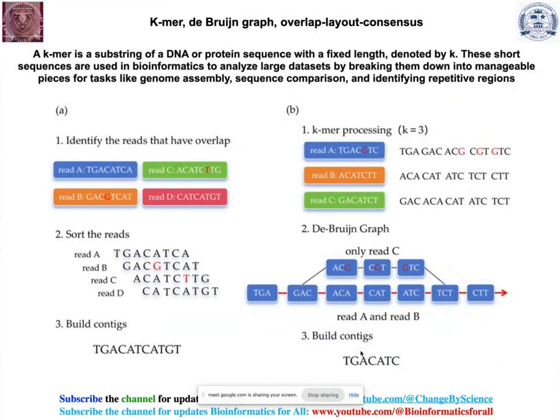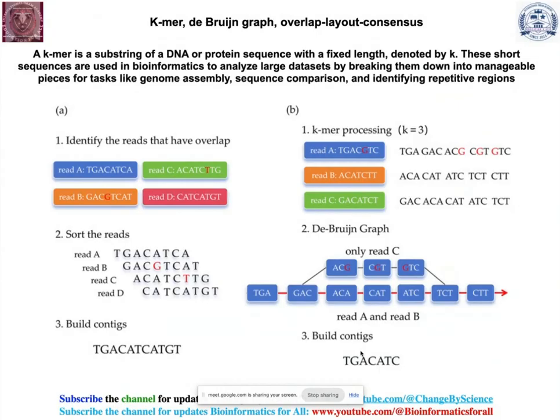Now, it comes to k-mer or De Bruijn graph and overlap layout consensus. From this figure, you can easily understand the terms we were defining for de novo genome assembly.